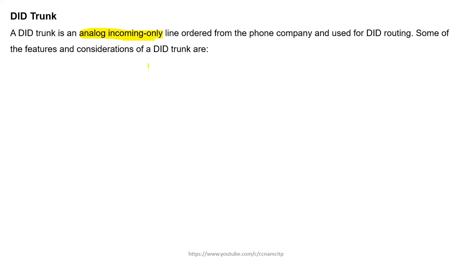Some of the features and considerations of DID trunk line: you should look at certain considerations. For example, a block of numbers is assigned to a trunk. How many numbers are assigned in a block? For example, 1 2 3 4 5 6 7 kind of things. You need to check that.